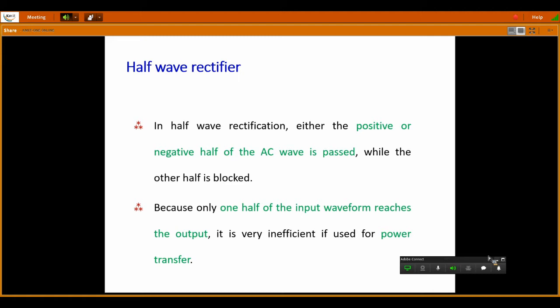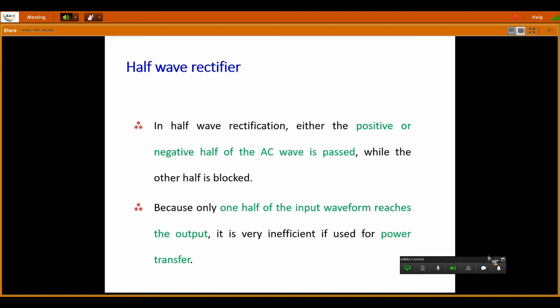Only one part is allowed at the output side. Because only one half of the input waveform reaches the output, it is very inefficient if used for power transfer. Because only 50% of the input is taken and rectified, we say that the efficiency is also very low.